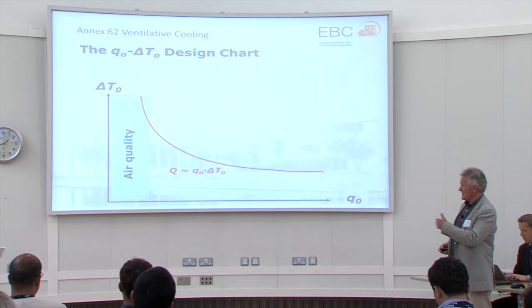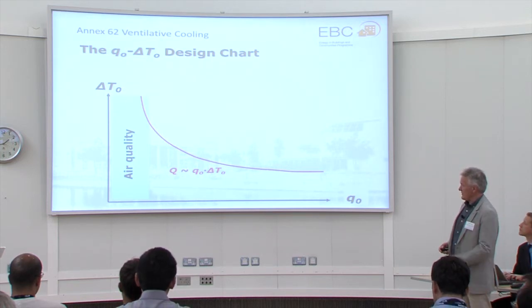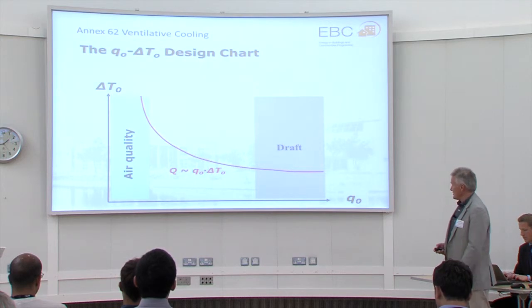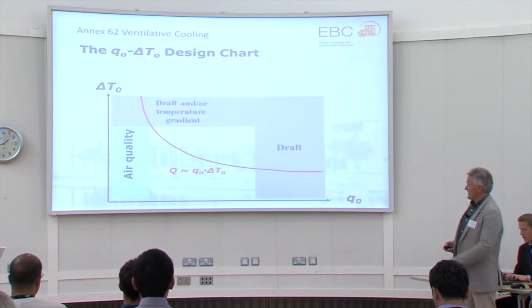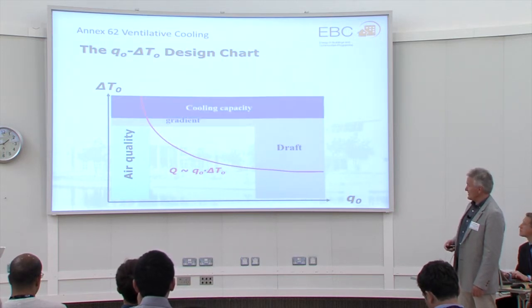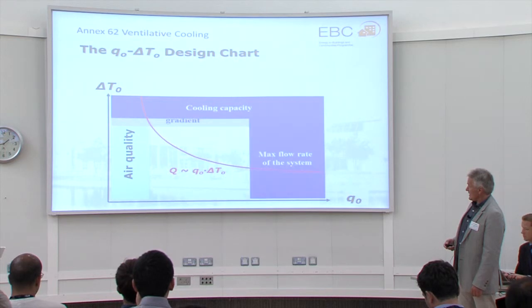Then there is a minimum airflow rate we need in order to ensure air quality. Too high an airflow rate will create draft, and if you have too big temperature differences, we will also have draft or too high temperature gradients in the space, and there could also be a maximum capacity of the system.